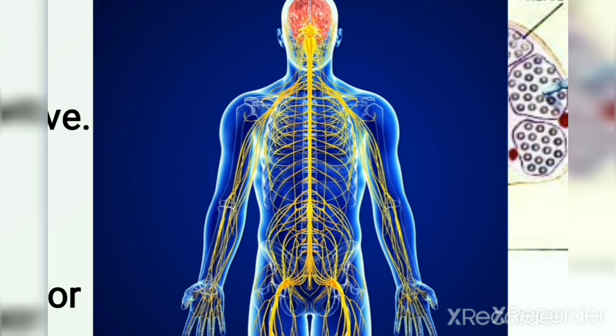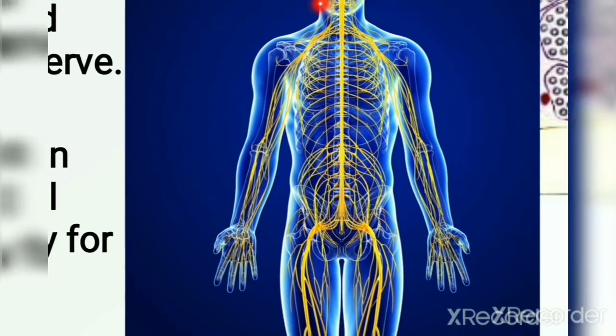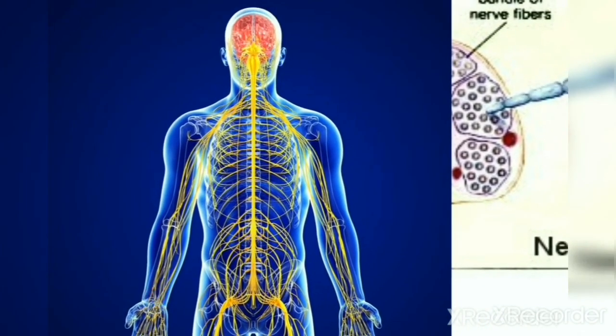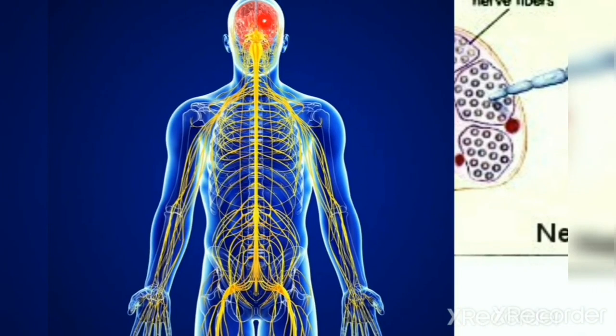So the body parts send messages to the brain, and the brain sends messages back to the body parts. In this way our body is controlled and coordinated by the brain. And in this control and coordination these nerves help a lot. So our nervous tissue is present in all those nerves and your brain.